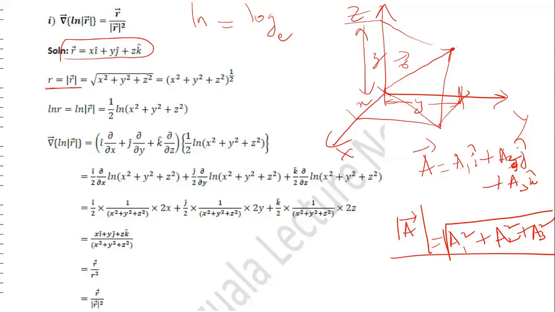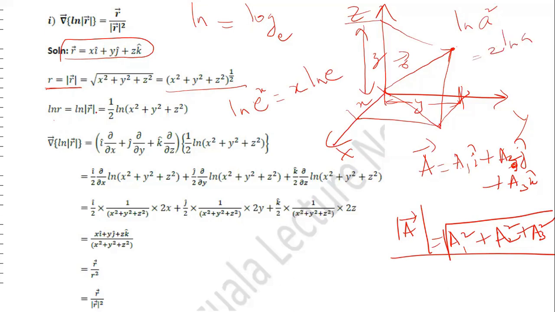When you take the magnitude, this is what you get, and this is simply to the power 1 upon 2. So ln, natural log, if you take the log of this thing, you know that ln of e to the power x is x into ln of e, or ln of a to the power 2 will be 2 ln of a.